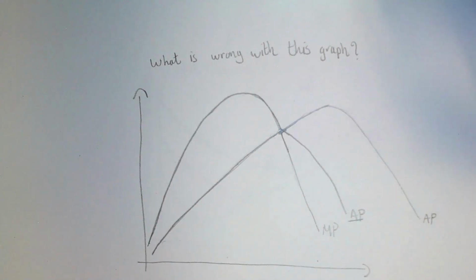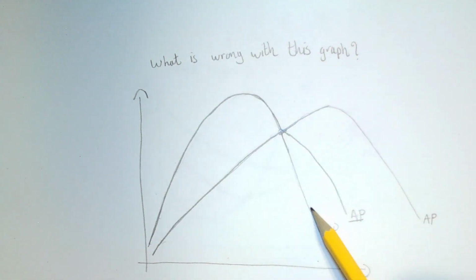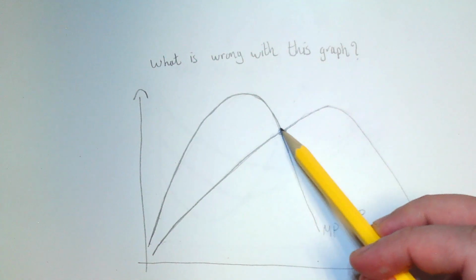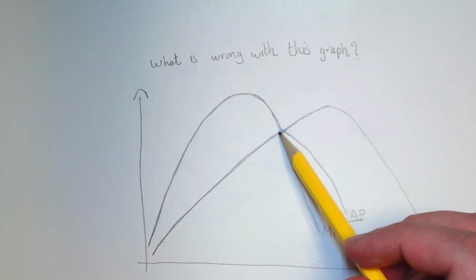So remember, this is a really important link between any marginal curve and any average curve, right? If the marginal starts above the average, the average will go up until it crosses the marginal curve, and then the average will start to go down, making the maximum where the two curves cross.